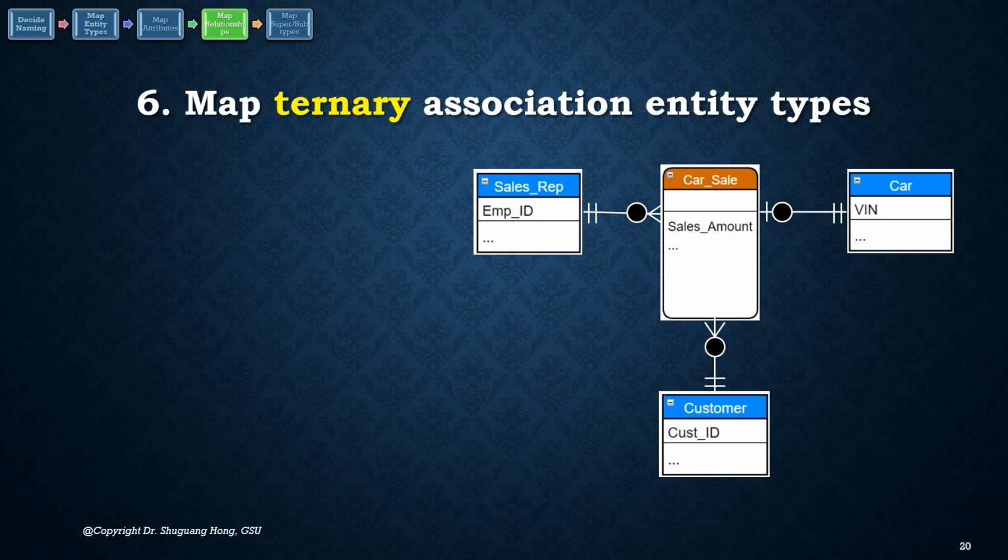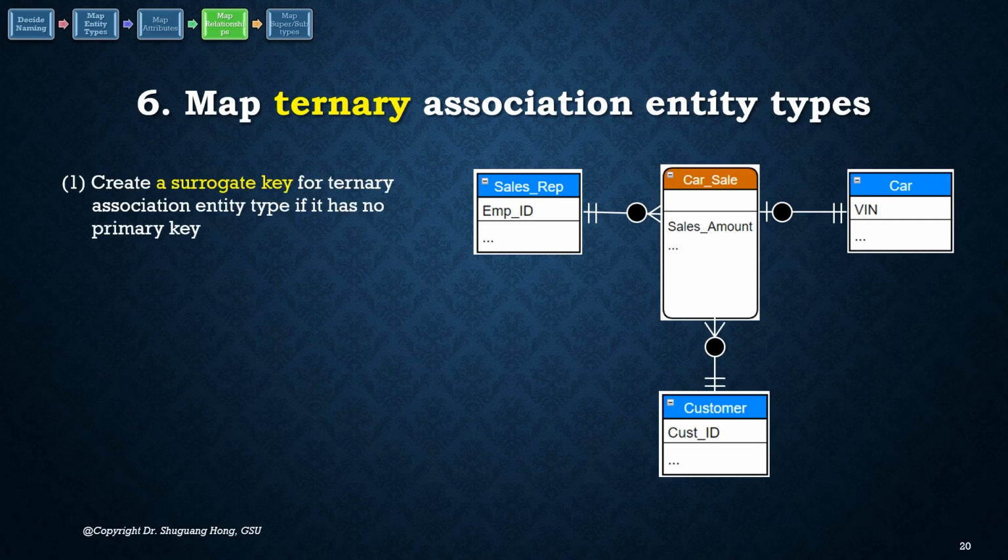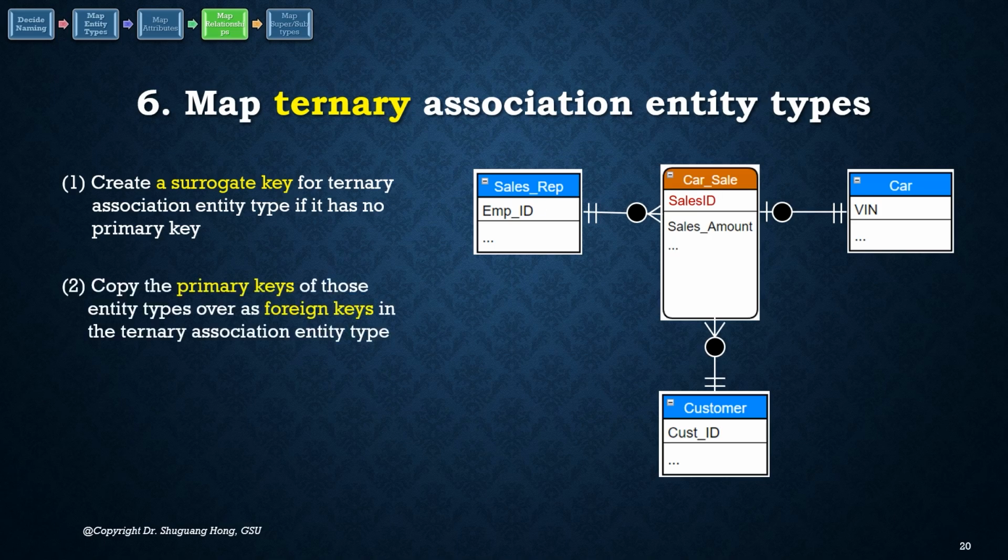Third, a customer may not buy any car or may buy multiple cars. The first mapping rule is to create a surrogate key for the ternary association entity type if it has no primary key. The second rule is inserting the primary keys of sales rep, car, and customer into the association entity type as foreign keys, respectively.